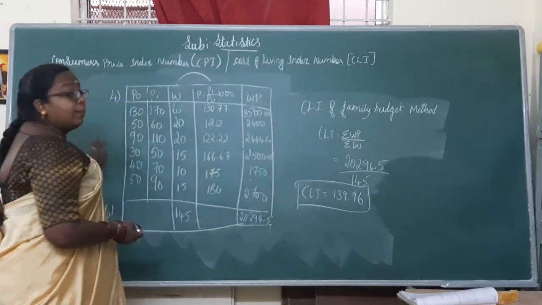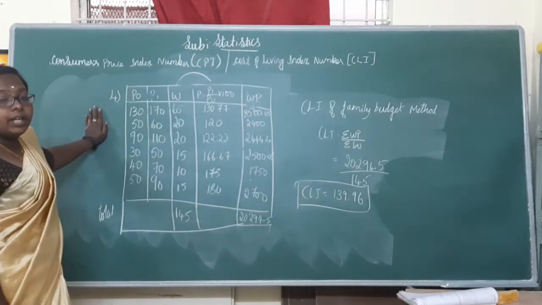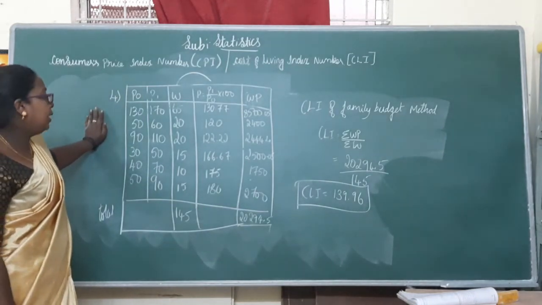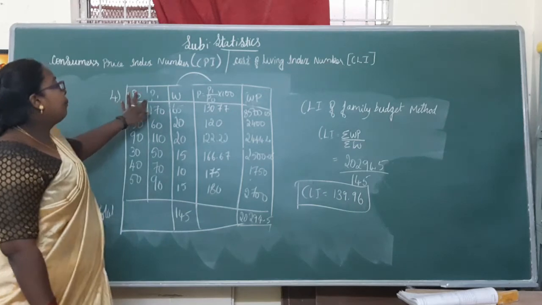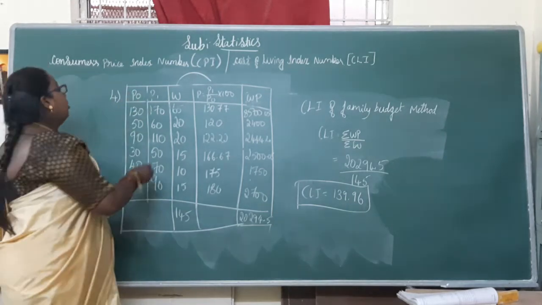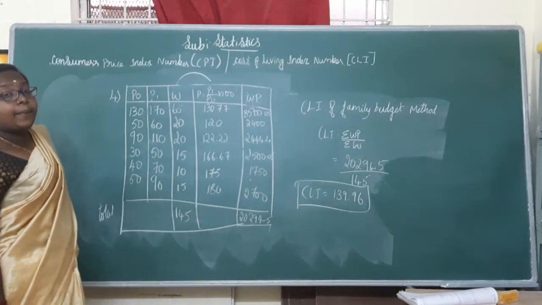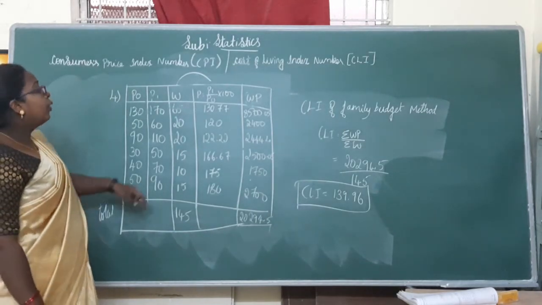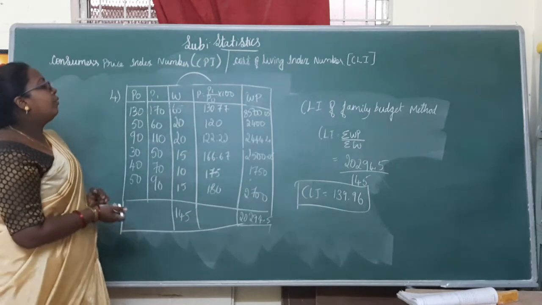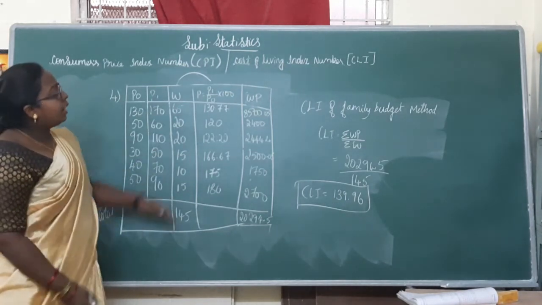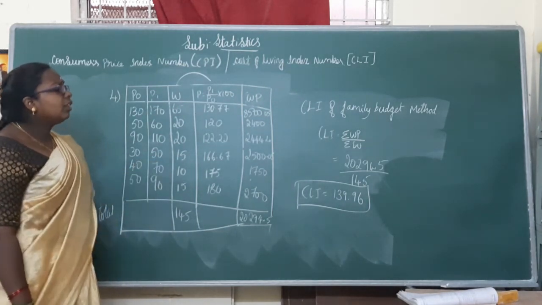See, in the last one expenditure was given, so we found out quantity separately. This time weight is given, but the base price is not given. Base price and current price are given. We need to take the price relative, that is the average price. For that we will take P1 divided by P0, then we will multiply with our weight.